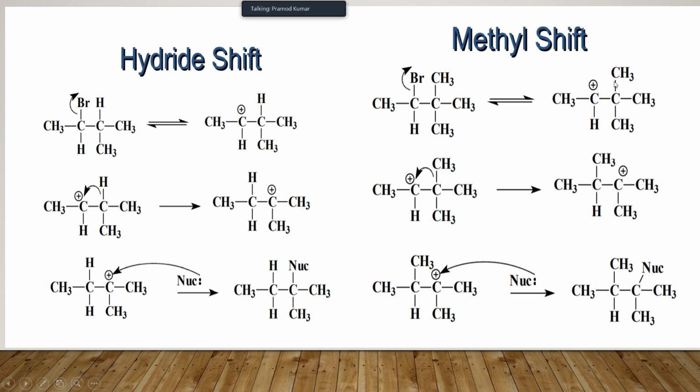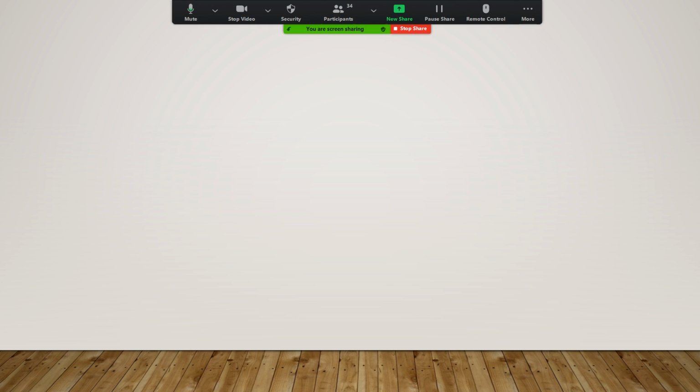So when this methyl from the adjacent carbon moves to this particular carbon, you get a tertiary carbocation. So you get a rearrangement product in case of substituted alkyl groups. Okay, when it contains a substitution with methyl and hydrogen, where it can form a more stable carbocation, it undergoes rearrangement to give such type of product.